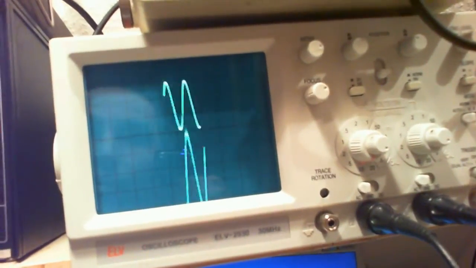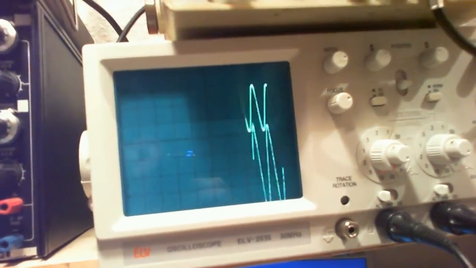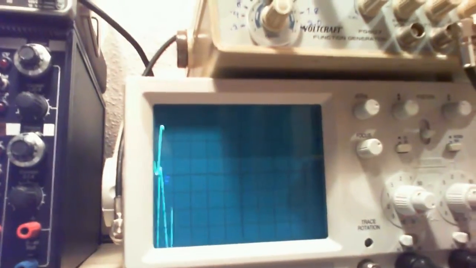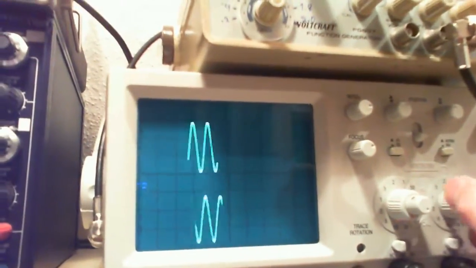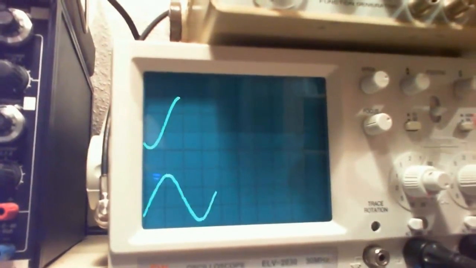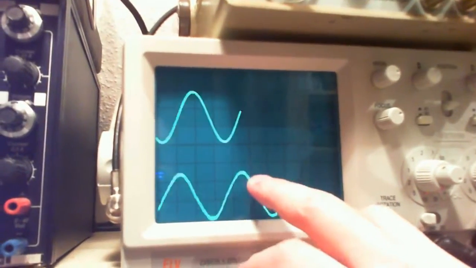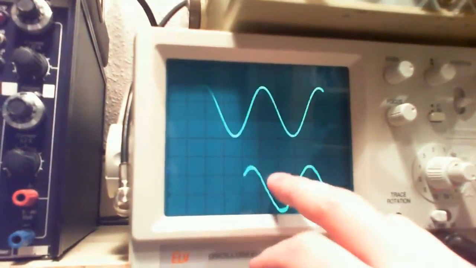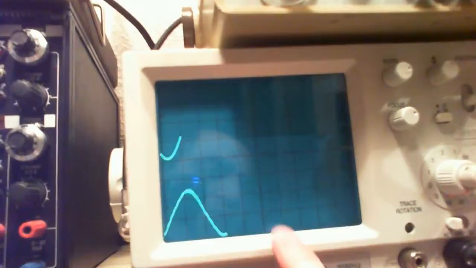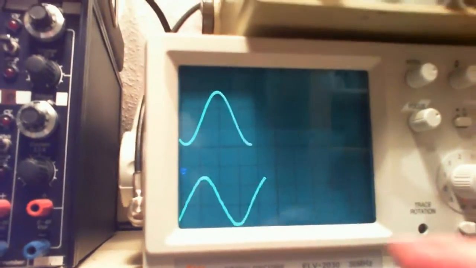So if I increase the frequency here, go all the way up to 50, 60 hertz or so, you see that my output is increasing. Right. So now my output is at 2.5 times 50, equal to 125 millivolts or so.